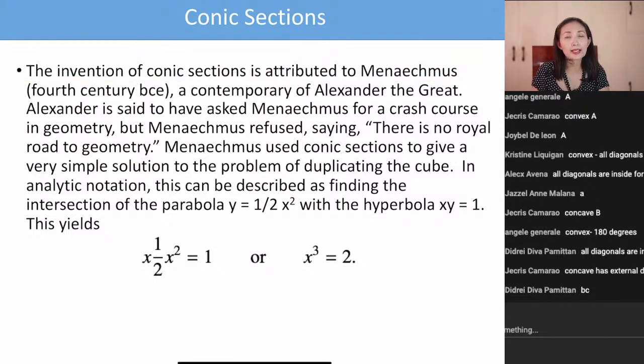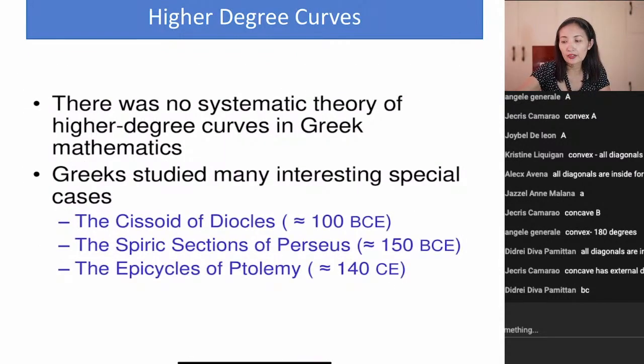Okay, next, higher degree curves. There was no systematic theory on higher degree curves in Greek mathematics. The Greeks studied many interesting special cases like that of the cissoid of Diocles, spiric sections of Perseus, and the epicycles of Claudius Ptolemy, but we will discuss this later.